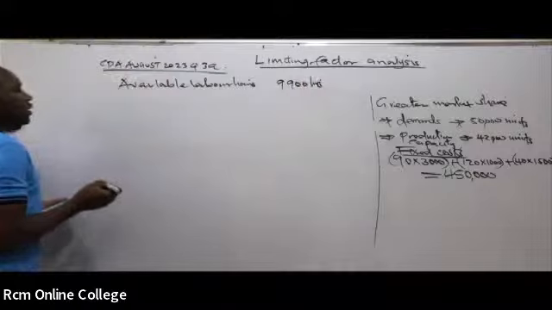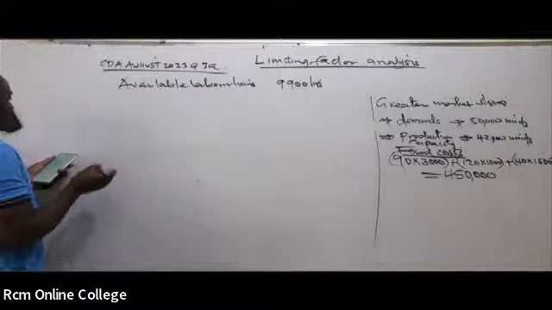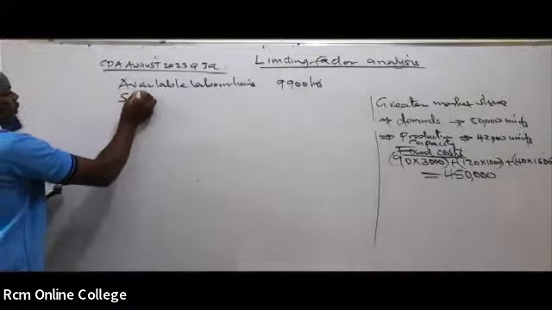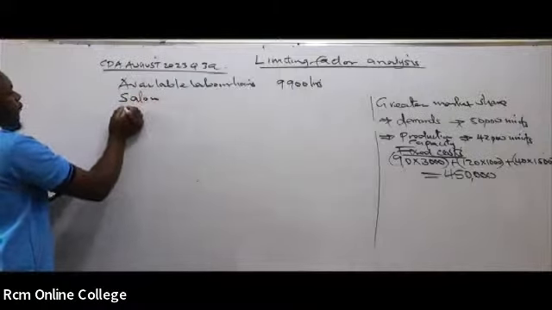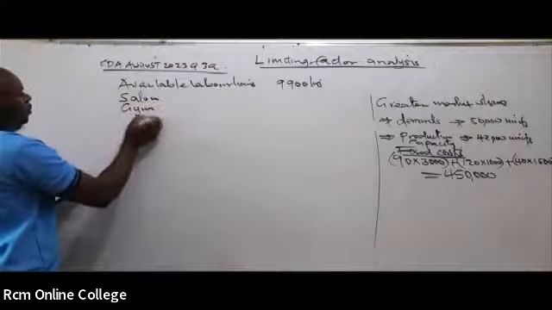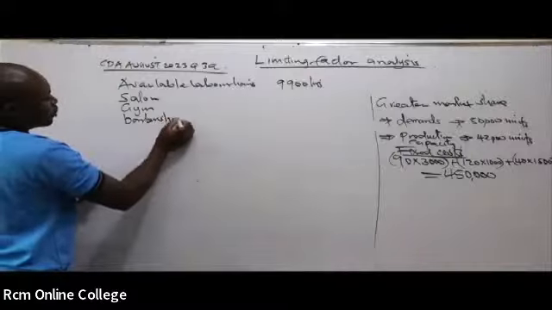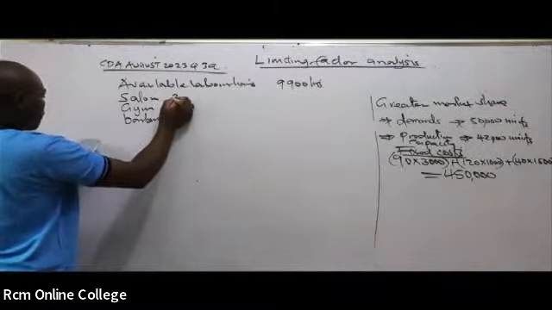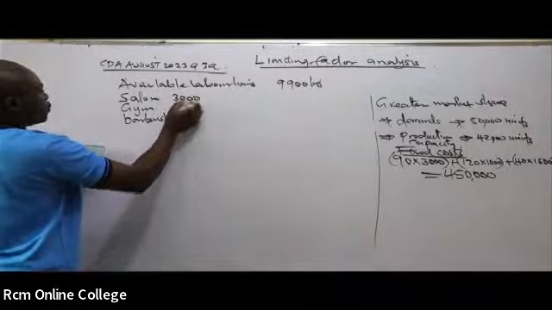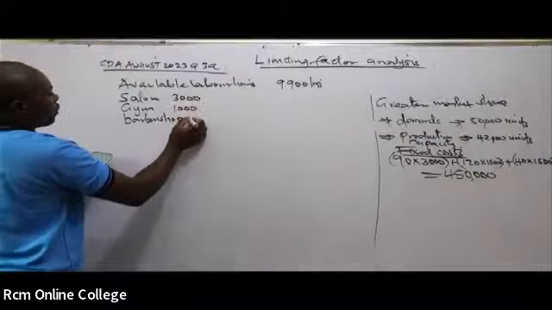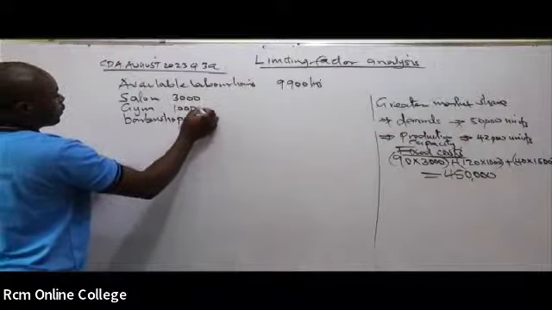Good. And we have the clients that will be served. We have salon, we have gym, then we have, of course, a barber shop. Salon, we have 3,000, gym, we have 1,000, barber shop, we have 1,500.